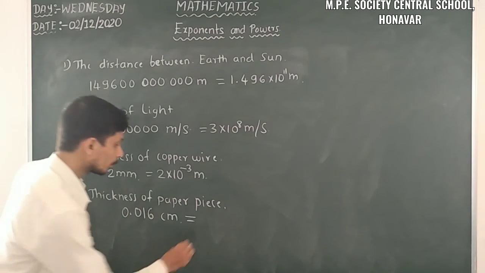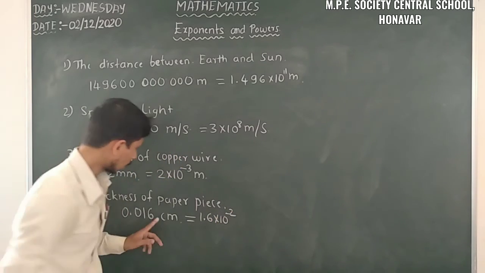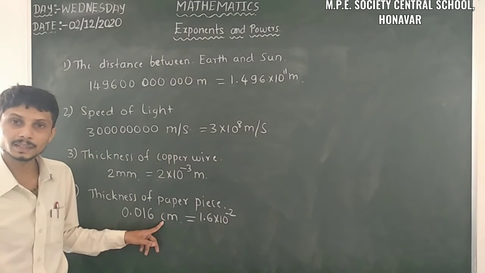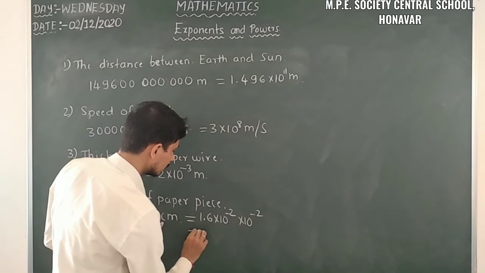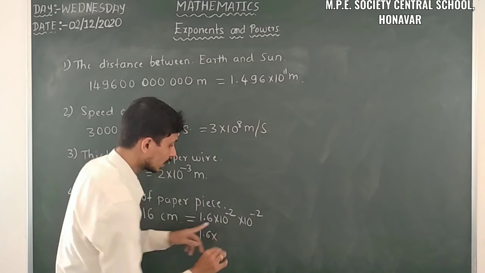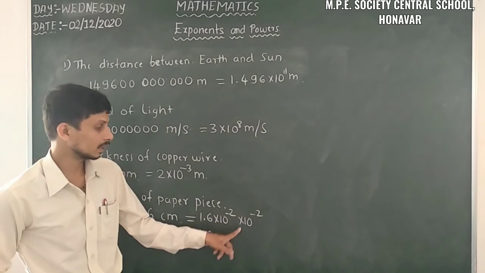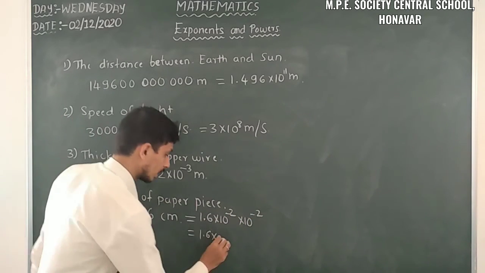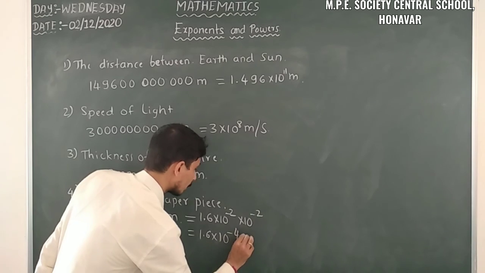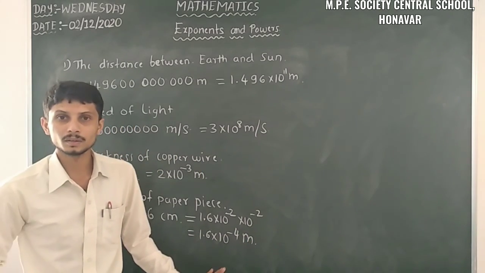That is 10 raised to minus 2. 1.6 into 10 raised to minus 2, along with that we have centimeter. Centi means 10 raised to minus 2, so 1.6 into 10 raised to minus 2 into 10 raised to minus 2. Here a raised to m into a raised to n is a raised to m plus n. That is minus 2 minus 2, 10 raised to minus 4 meter. So 1.6 into 10 raised to minus 4 meter we have.